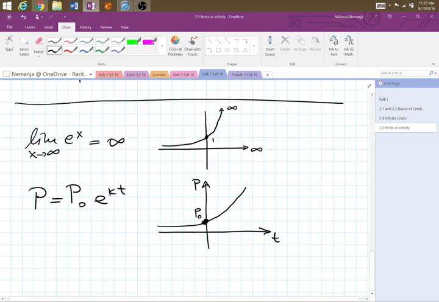Now when you solve a certain differential equation, you get to see this model. And then you want to check the validity of the model, because you have to understand this, guys.